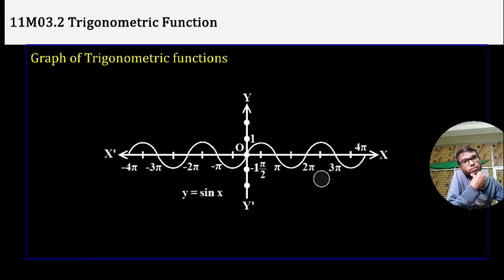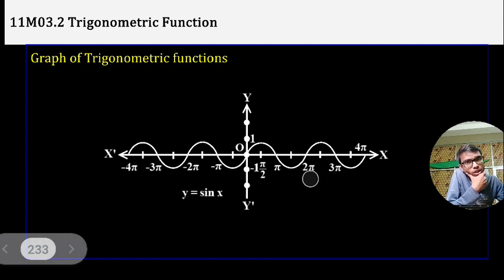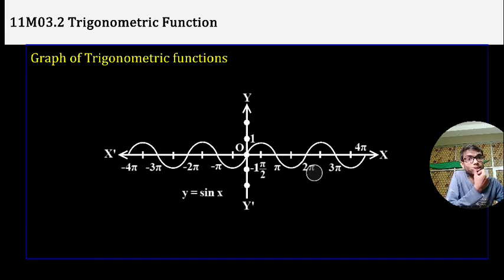Same here. It is telling you that x is 2 pi. This is the input. When we enter this input, we get the output. Y is known as output, x is known as input. So we are entering the input 2 pi, which is 360 degrees. Sin 360 degrees is 0.